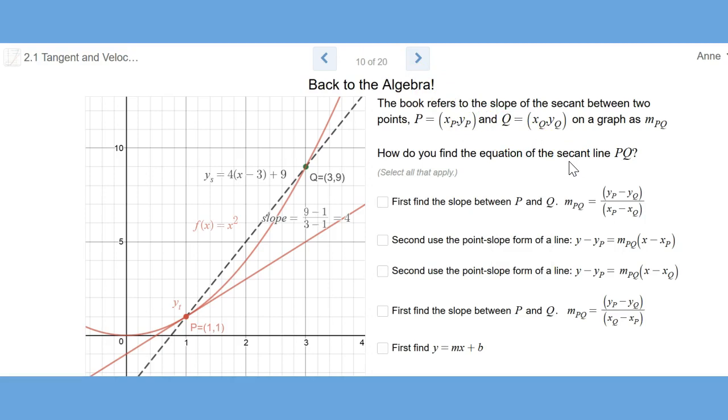You have homework questions that are going to ask you how to find the equation of a secant line. Remember, it's just finding the slope, and you're going to have 2 points on the line, so you can find the slope, and then remember the point-slope form of a line. I'll leave answering these questions to you.